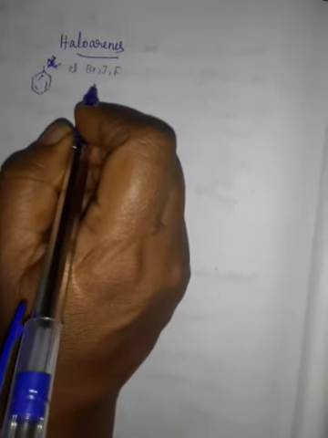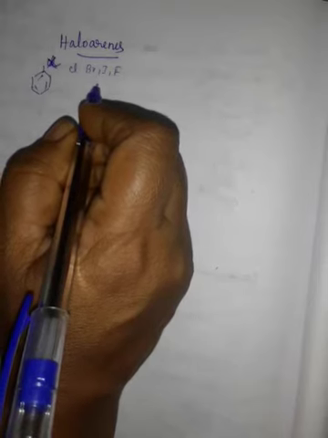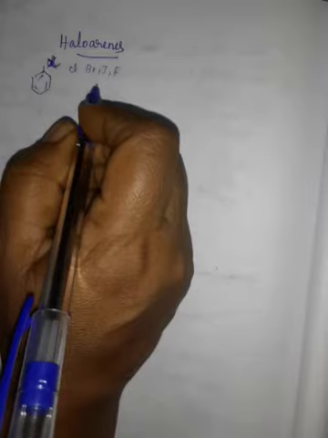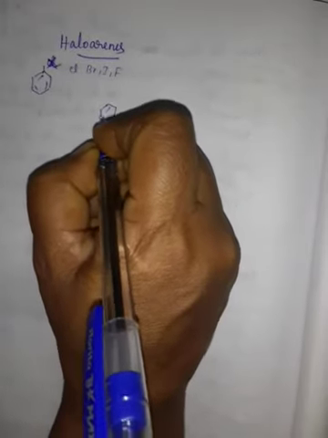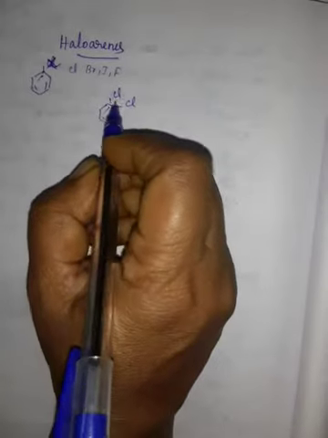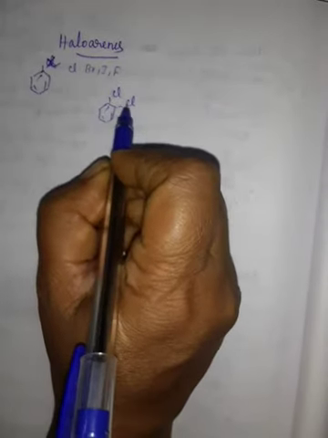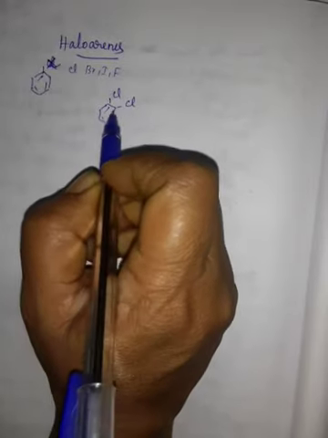Now, there are some IUPAC nomenclature rules they follow for haloarenes. For example, take a compound like this. This is named as 1,2-dichlorobenzene or orthodichlorobenzene.